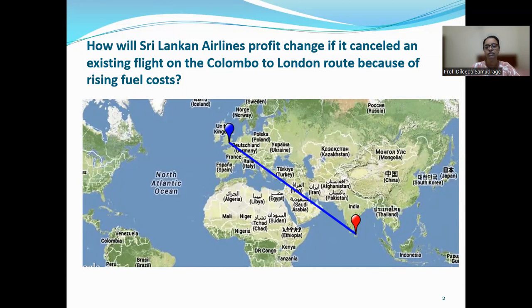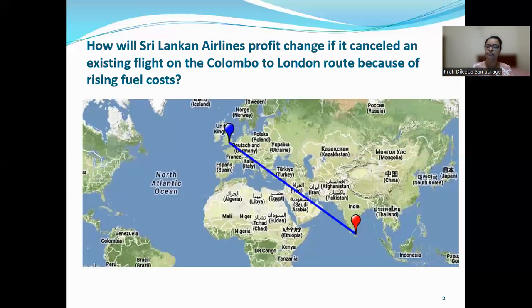Maybe they go to Australia, UAE, America. There are a lot of destinations that Sri Lankan Airlines operates. So when you take Sri Lankan Airlines as a whole, the Colombo to London route is one of them.